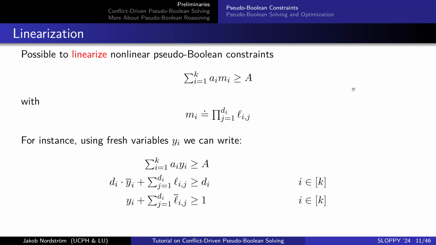So these are the two constraints saying that y_i is equivalent to all of these literals being true, which means that the monomial is 1. And once I have reified every monomial m_i with a fresh variable y_i, I just write a linear constraint saying that sum a_i y_i greater or equal a, which is exactly the same as before.